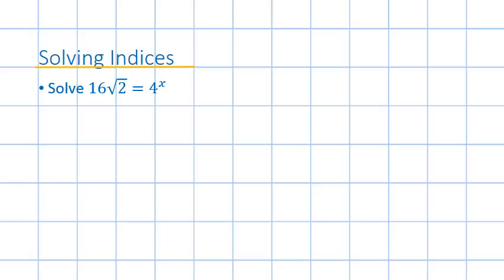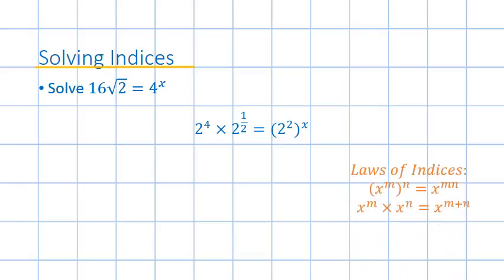The other type that might come up, not as commonly, is something like 16 root 2 is equal to 4 to the x. Remember again your powers timetable. 16, 2 and 4 are all in the powers of 2 timetable. So 16 is 2 to the power of 4, root 2 is 2 to the power of a half, and 4 is 2 squared.